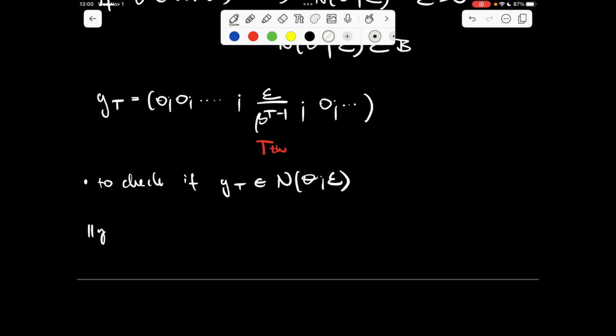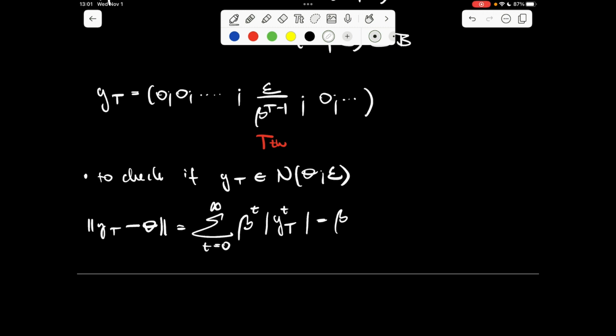So let's actually calculate this. We are calculating the distance between the 2 points, but theta is all 0, so we can disregard these elements, and yt is also all 0 except at one place, in the t's position, and this is beta times epsilon, which is lower than epsilon.